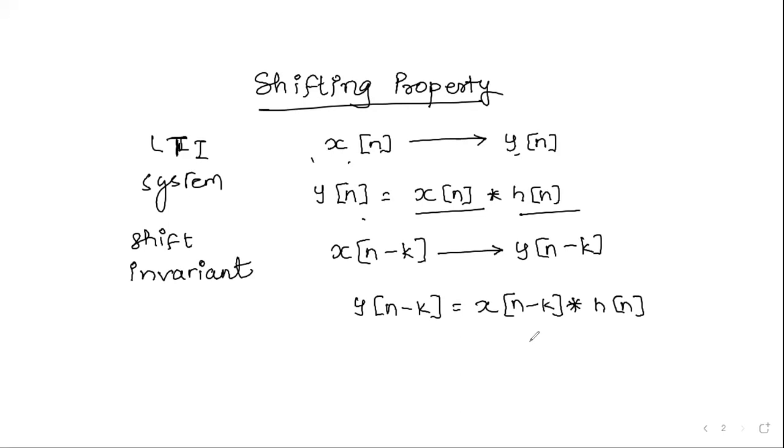Understand? Fine. Also, y of n minus k is equal to x of n convolved with h of n minus k. That is also possible. If the impulse response is shifted, then also the output will be shifted. And if the input is shifted, then also the output is shifted. Understand?